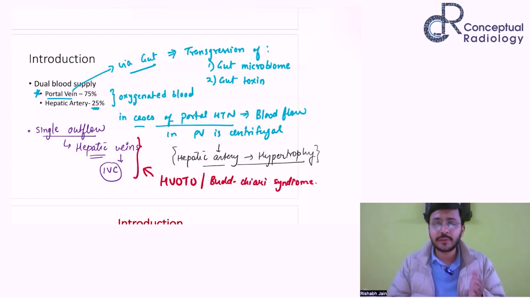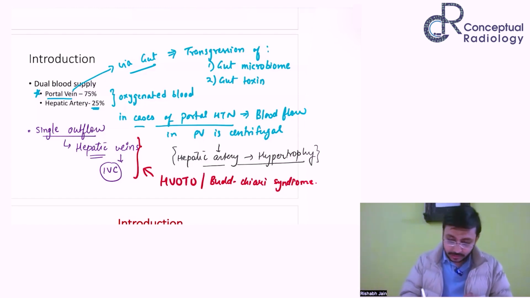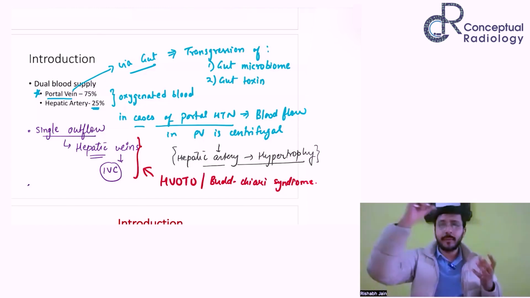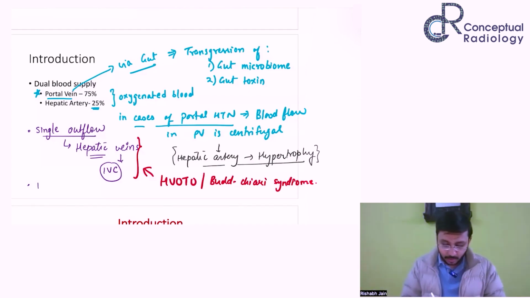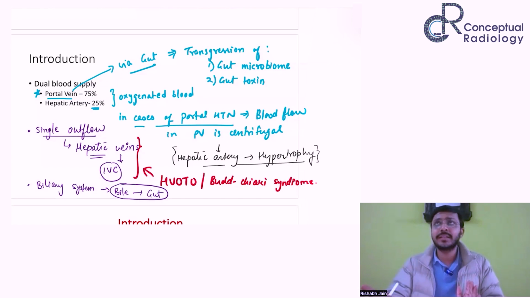HVOTO stands for hepatic vein outflow tract obstruction. Now, the third important point regarding the liver anatomy is that apart from an inflow and an outflow, there is a third system known as the biliary system, which drains bile into the gut. So these are the three important channels that go through the liver, and these three are what are clinically important whenever we are reporting aberrant liver anatomy.